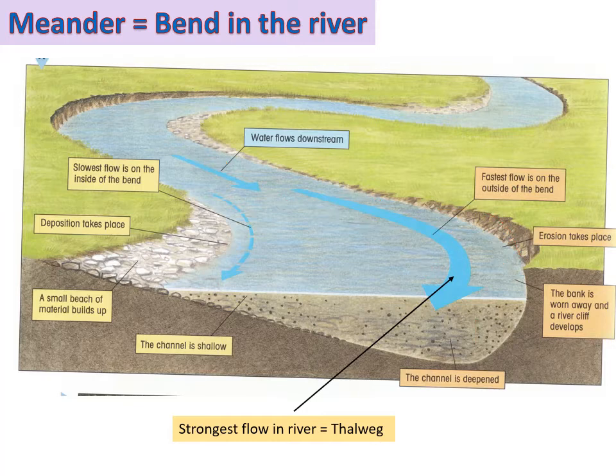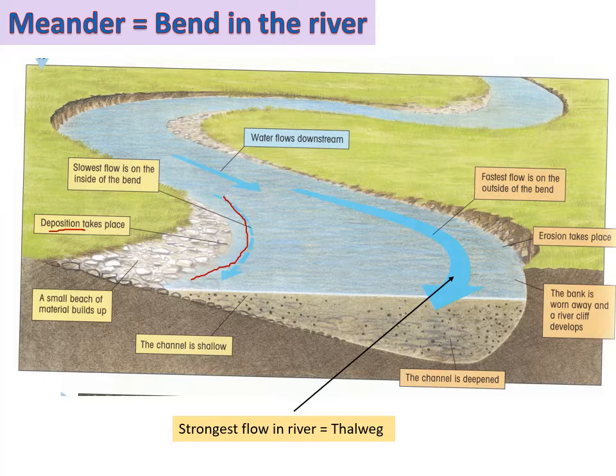If you look at the other side of the river though, on this side, on the inside of the bend, you'll see that actually the opposite is happening. There's very little flow, the river's very shallow, and actually deposition is taking place. So the river's actually depositing its load in this area here.